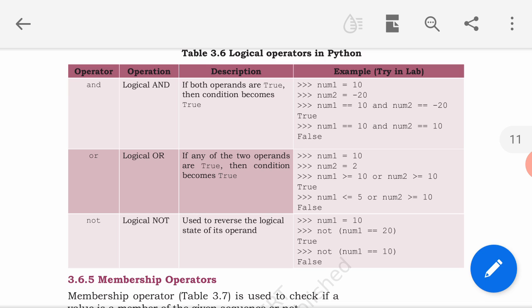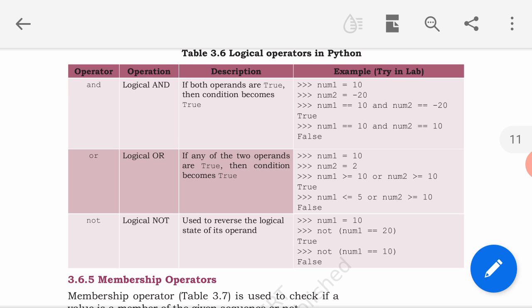Comparing num1 with 10 is true, and num2 is minus 20, which is also true. So both operands on both sides of AND are true. True and true gives true.